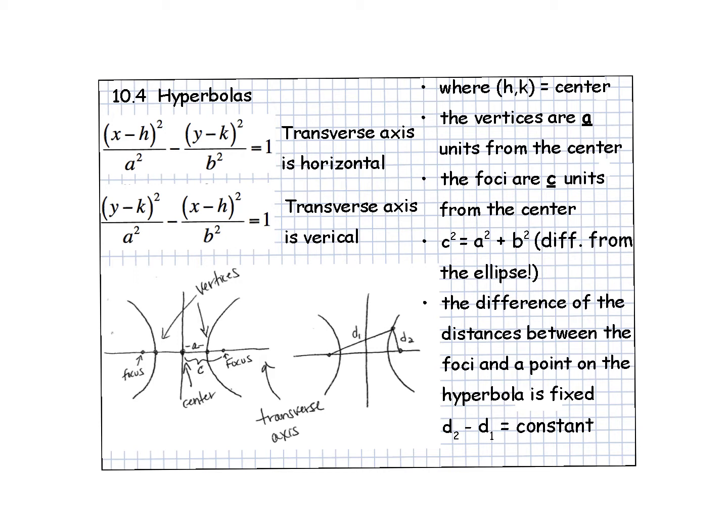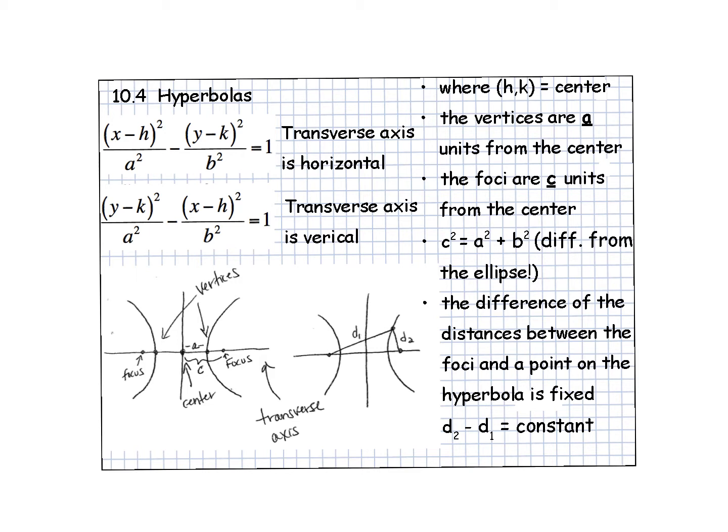If your y squared term comes first, and the first is significant because the second would be negative. So even if it was written in the reverse order, you would want to put it so that it's blank squared minus the other term squared. Okay? So if the y squared comes first, then the transverse is vertical.